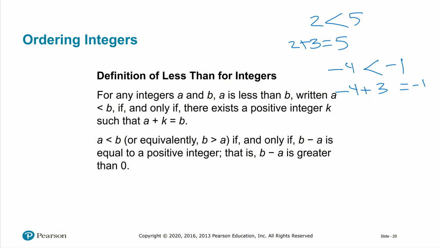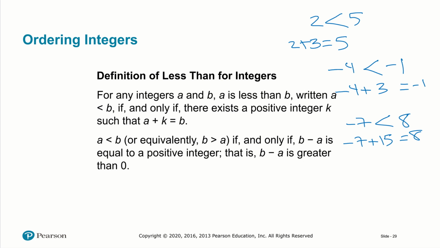So they're not always 3, these two examples I happen to pick. For example, negative 7 is less than 8. Why is that? Because if I take negative 7 and add what to it, do I get 8? I think I heard you say 15, right? Yes, you're right.